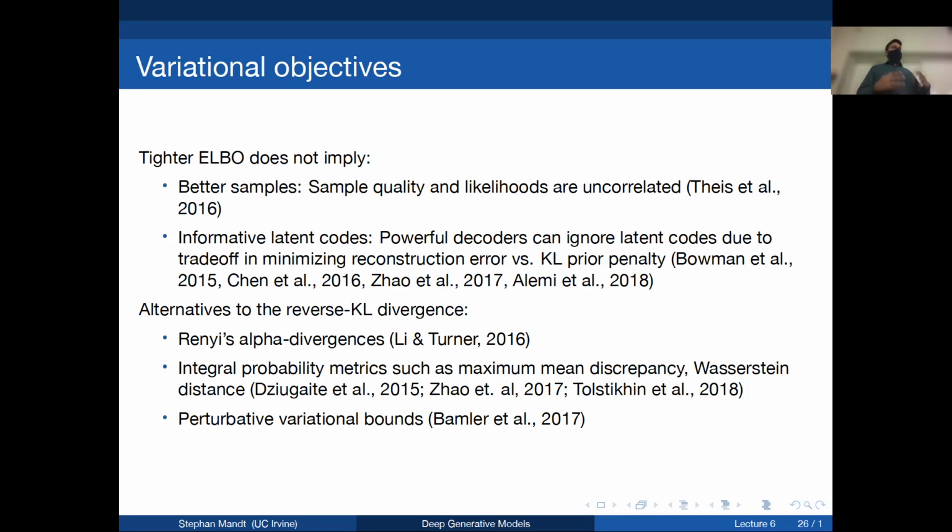For example, they're known to fail on text data pretty dramatically. And there's been work on alternative divergences, right? So maybe you want to replace the KL divergence by a different distance measure. There are so-called Rényi divergences. There are f-divergences. And so there's been a lot of proposed research.